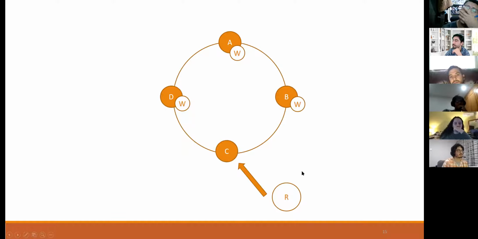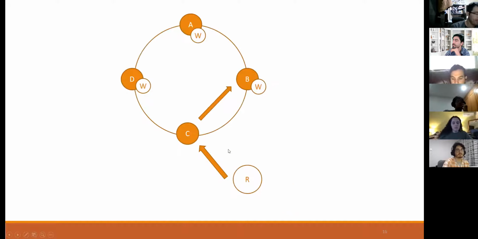But after that, there is a request to read the information from W, and it is looking at C. Because C doesn't contain this information, it will go to the closest node, which in this case is B. And from there, it should be able to retrieve the information that R is looking for. And we will continue with more examples of this scenario on the following slides.